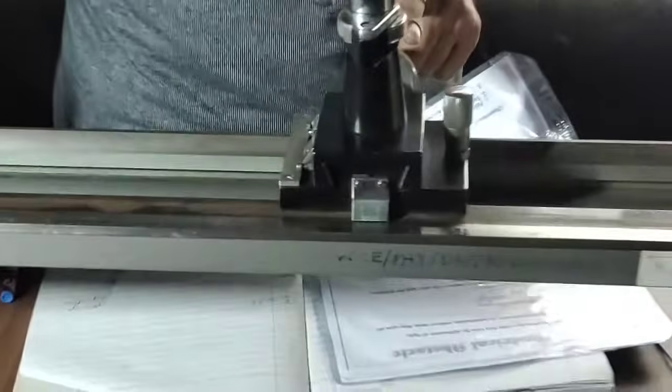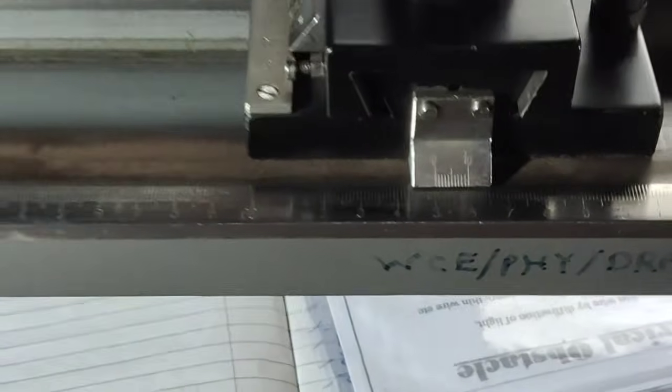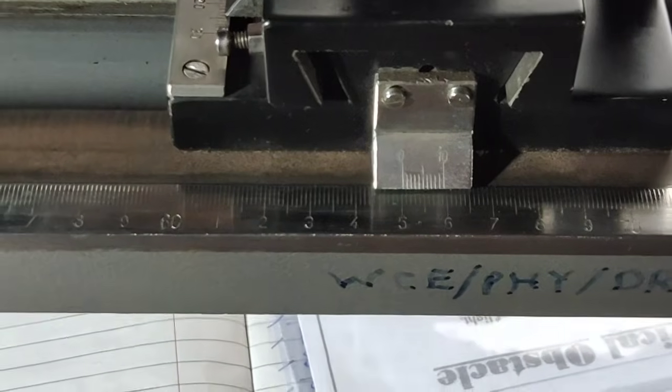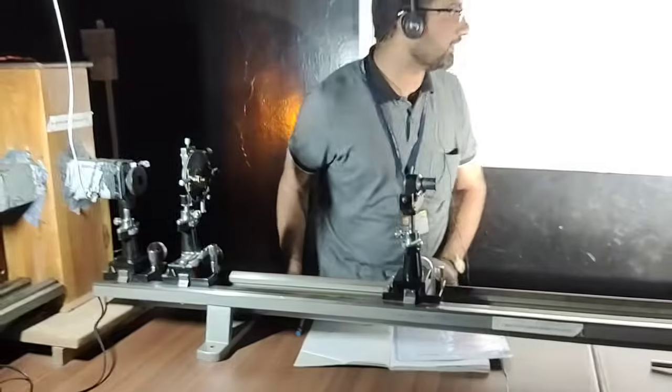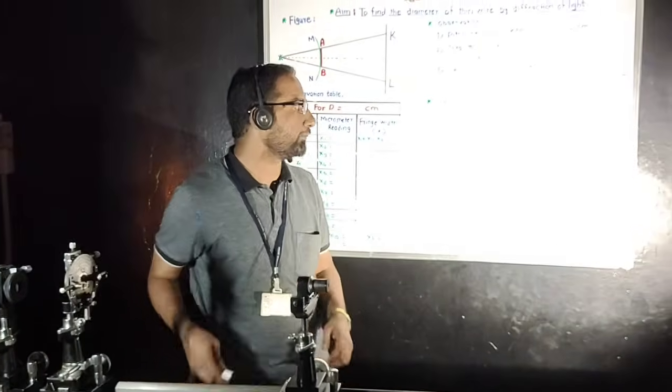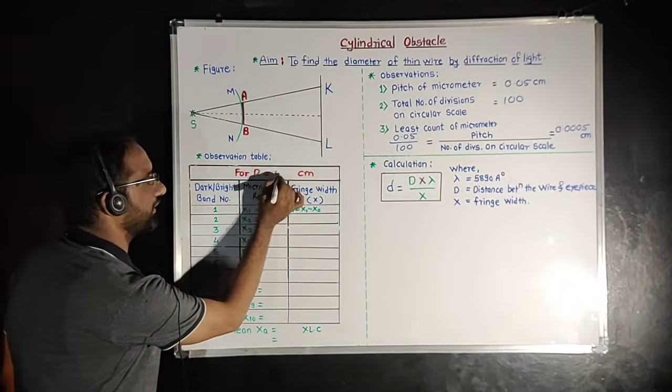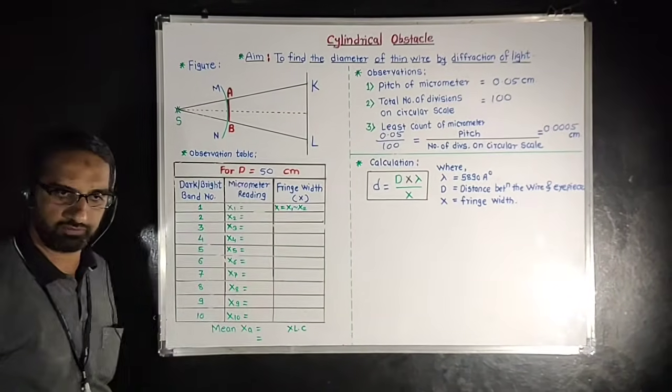So the difference between obstacle and eyepiece is 65 minus 15, that is equal to 50 centimeter. So capital D, the distance between wire and eyepiece, is 50 centimeter. I am writing here capital D is 50 centimeter.